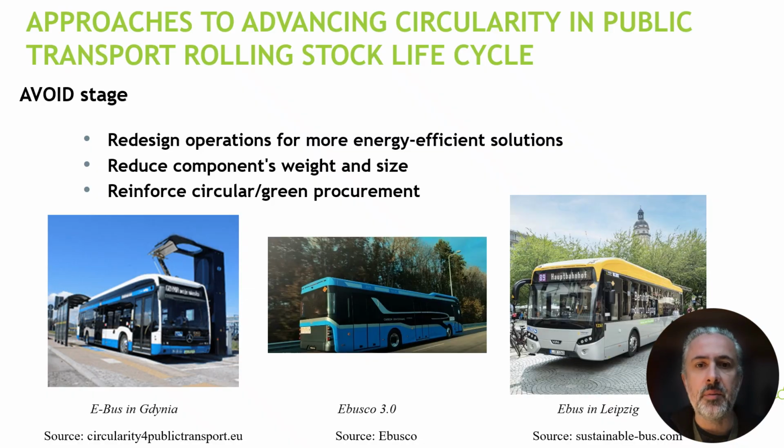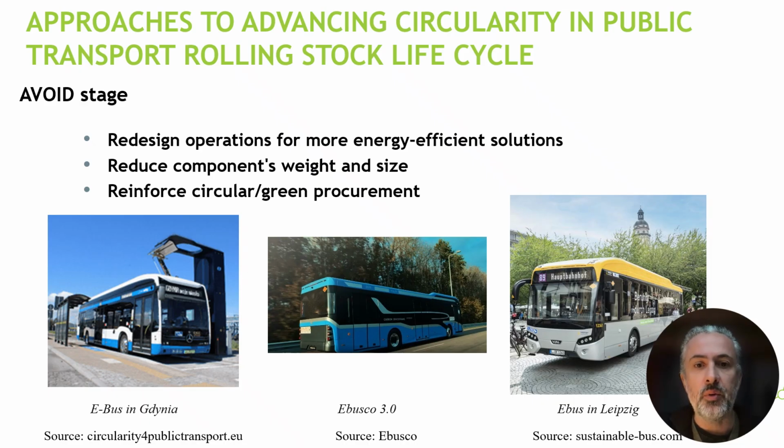Now, let me give some examples of approaches to advancing circularity in public transport rolling stock life cycle that you will find in the C4C strategy for circularity in rolling stock and on the circularityforpublictransport.eu website. Concerning redesign operations for a more energy-efficient solution, an example is the digital twin e-corridor simulation in Gdynia to identify the most suitable routes for e-buses and trolleybuses.